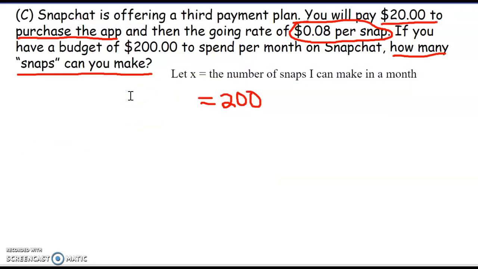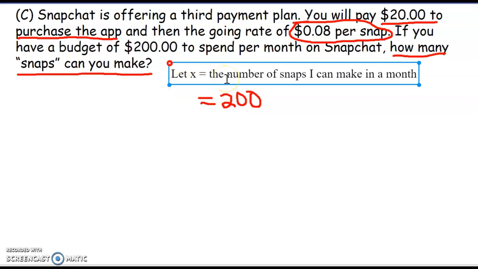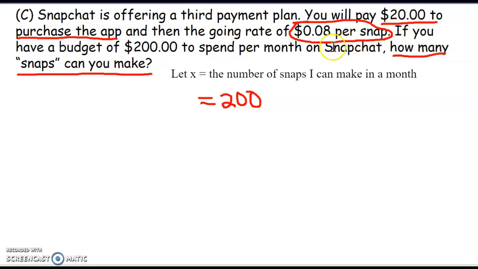All right, now I know that I'm making 8 cents per snap. So if you want to look at this let x statement, it says the number of snaps I can make. Well, I have two numbers here. I have $20 and I have 8 cents. Which one describes the number of snaps? Which one represents the unit rate for the number of snaps that I'm making?